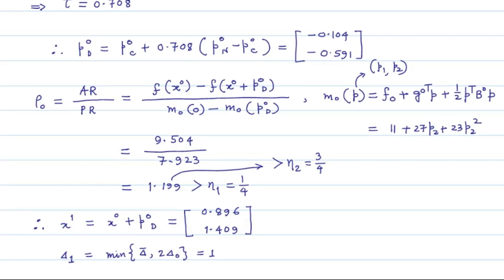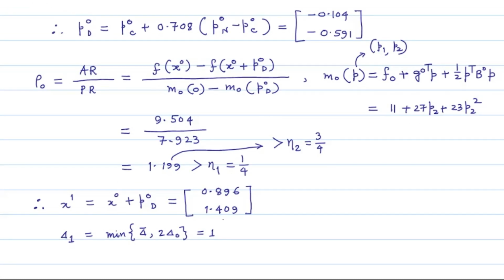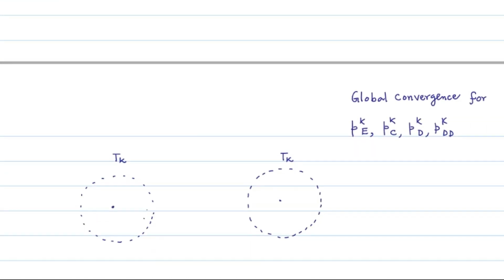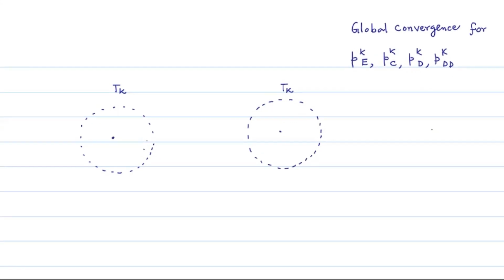Keep continuing this process until we find an iterate xk at which the norm of the gradient is less than epsilon. Next, let us prove the global convergence result of the general Trust-Region algorithm for the cases where we employ the Trust-Region step in step 2 of the general algorithm as any of pkc, pkd or pkdd.